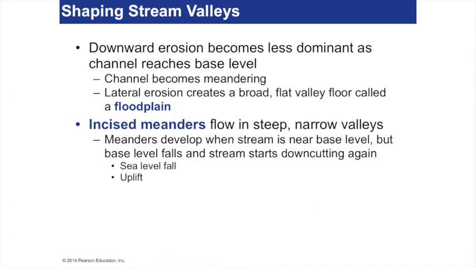So the closer that a stream or river is to reaching its base level, say the ocean, normally the less steep that the terrain is. And as it goes less and less steep, the river, first of all, becomes flatter, and it doesn't cut down into the rock as fast because it's not moving as fast.